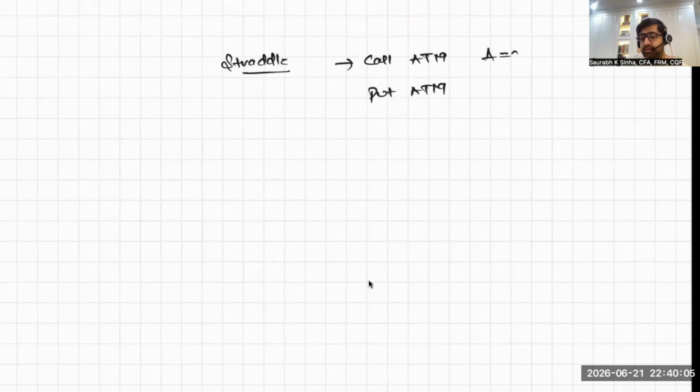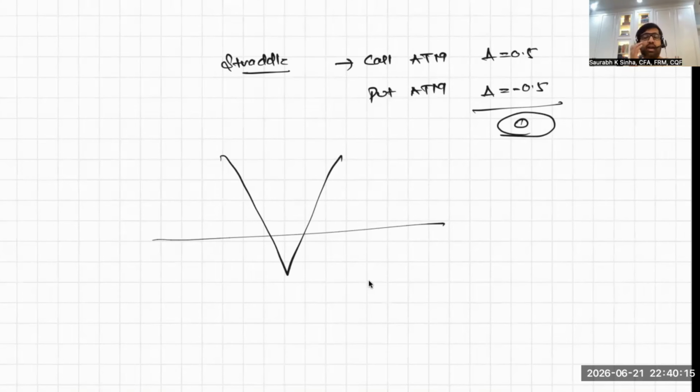Delta here is positive 0.5, delta there is negative 0.5. If you're buying both, then delta is zero. This is a straddle strategy. In the next lecture, we'll talk about it, but this is the payoff and profit diagram of a straddle strategy. You buy a call and you buy a put.